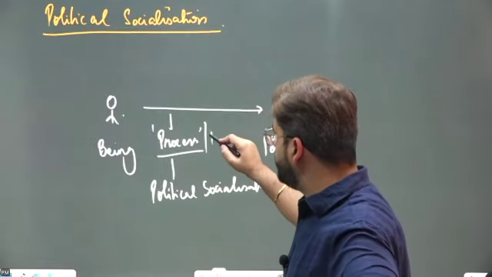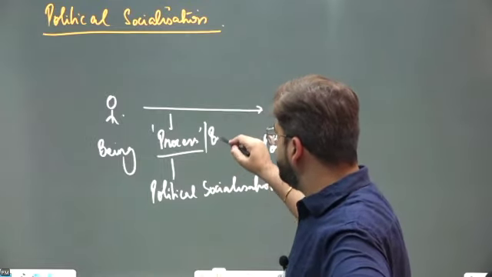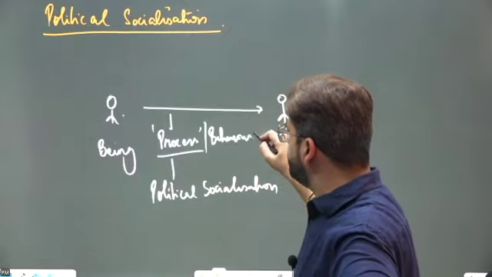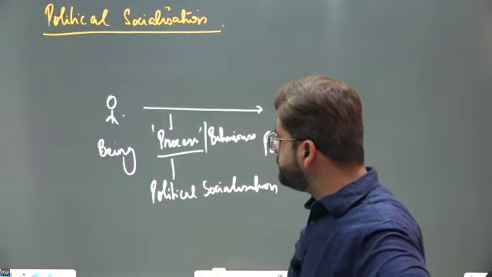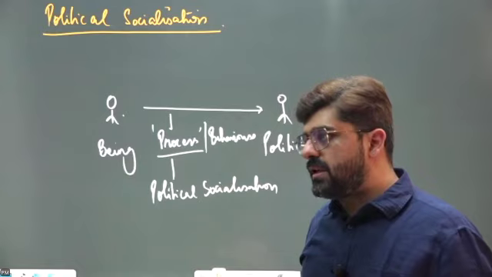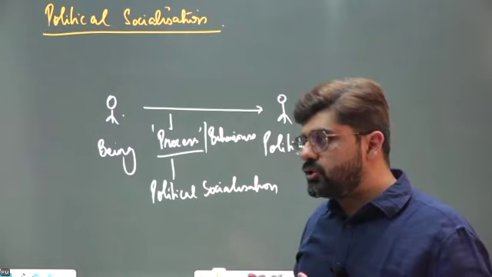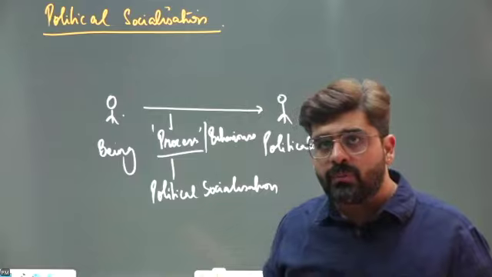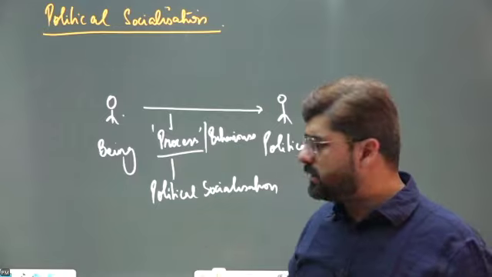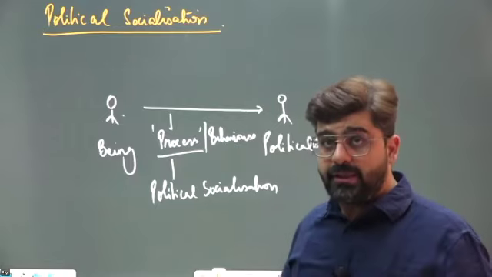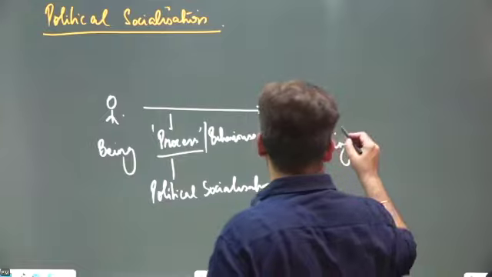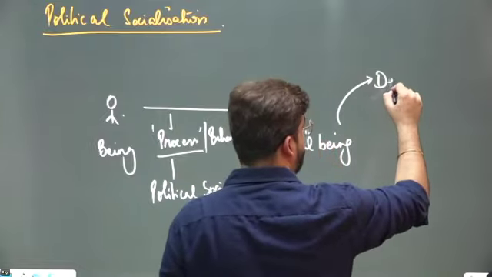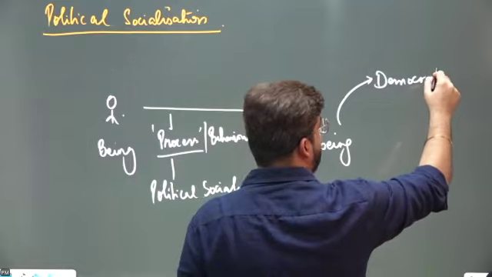Processes, procedures, behaviors, let's say the nature of authority you come in contact with, the nature of values you come in contact with, everything is going to affect what kind of political being you become. You can become a political being who is democratic in orientation.